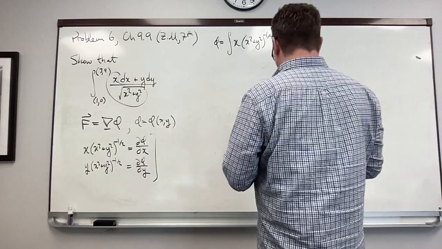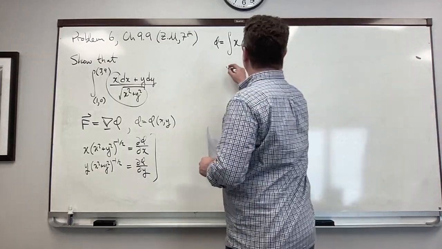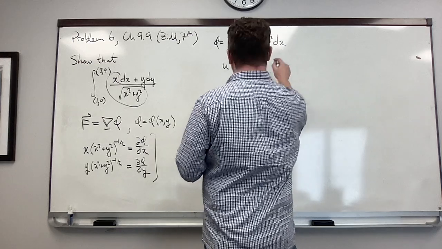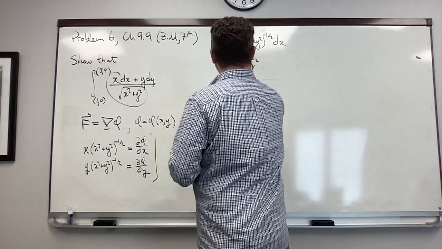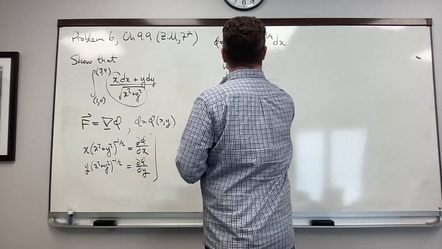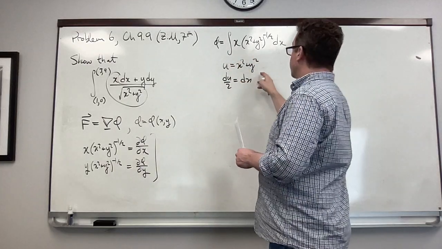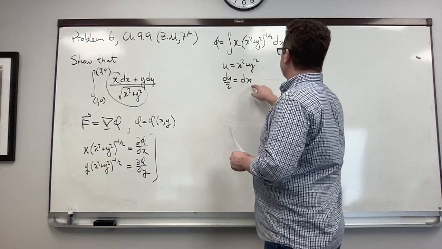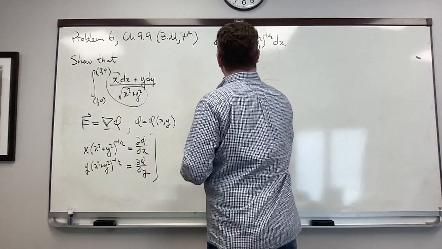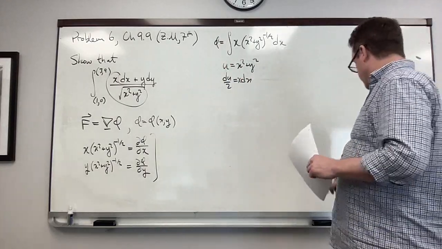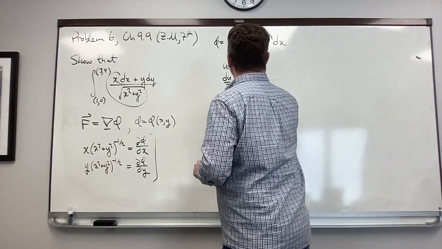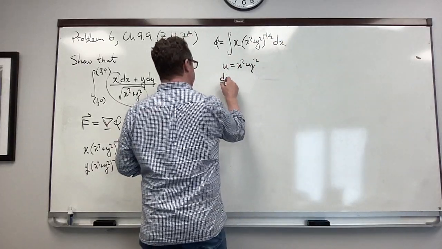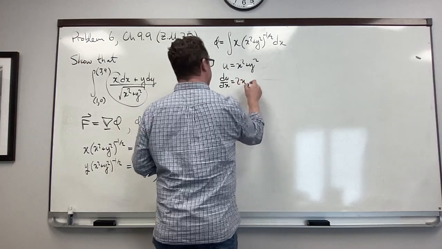It's kind of like the easiest of the ODE type examples. Okay, so this is a substitution. We'll let u equal x squared plus y squared. So du is 2x dx. We have an x dx, so oh, sorry, this should be x dx. That's why I never do these really fast. Okay, du dx equals 2x.